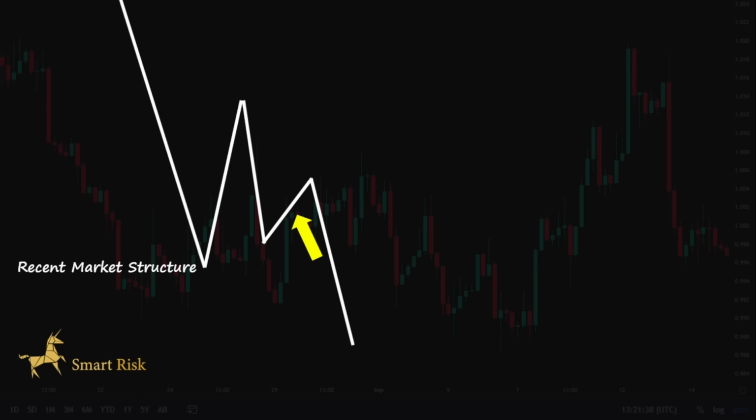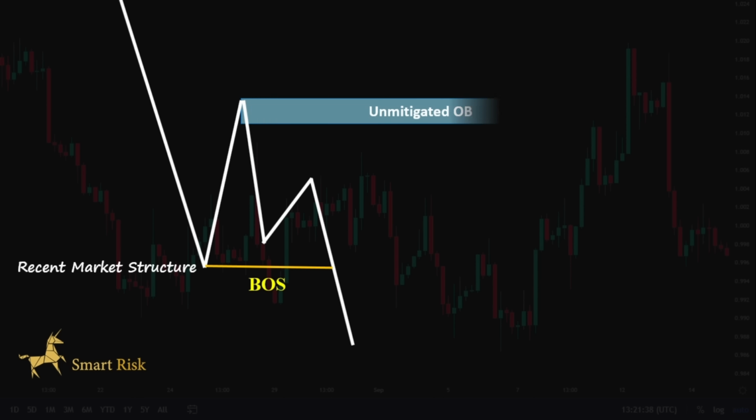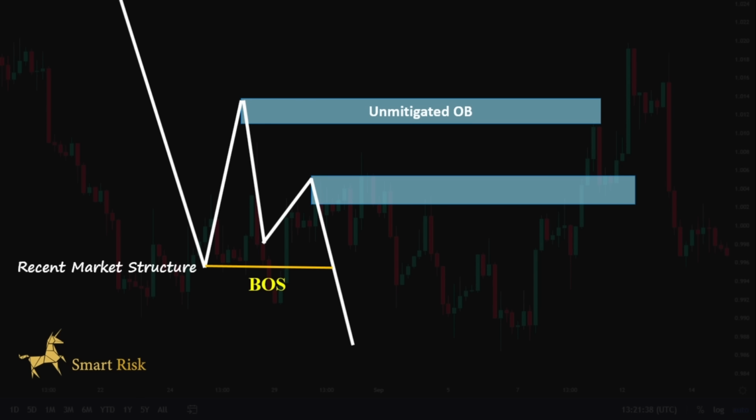After gaining enough momentum, price is pushed to the downside and has made this break of structure here. So guys, we have this unmitigated zone here that potentially price may get reversed from. Also, we have another unmitigated zone right here, which is created by the recent BOS.